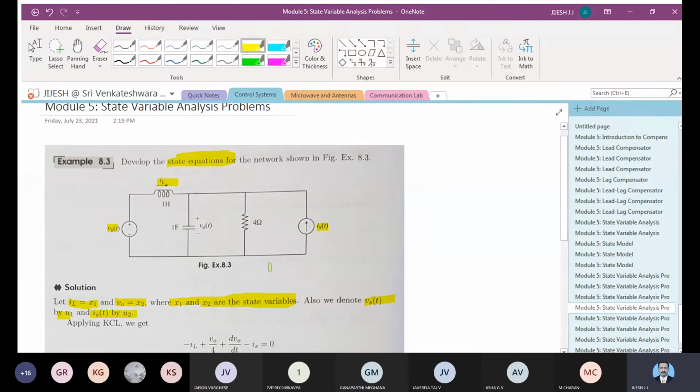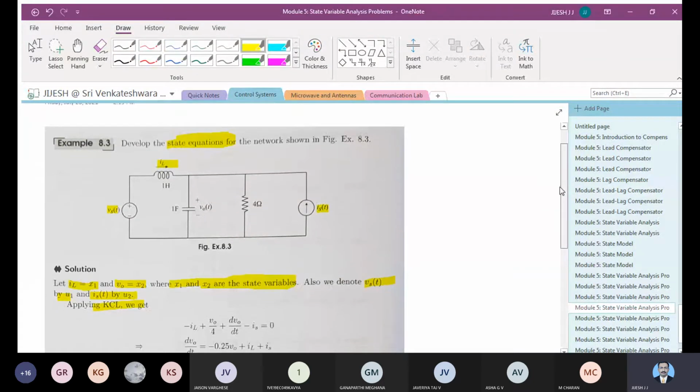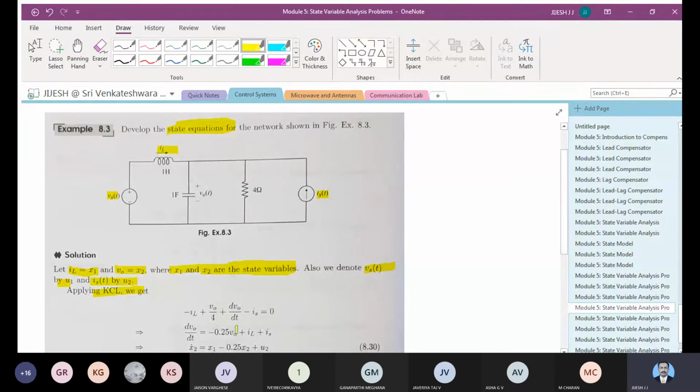You need to write the KCL equation like you have written it before for the previous problems. So when you go with the KCL equation, you can write minus IL plus V0 divided by 4 plus C dV0 by dt minus Is is equal to 0.